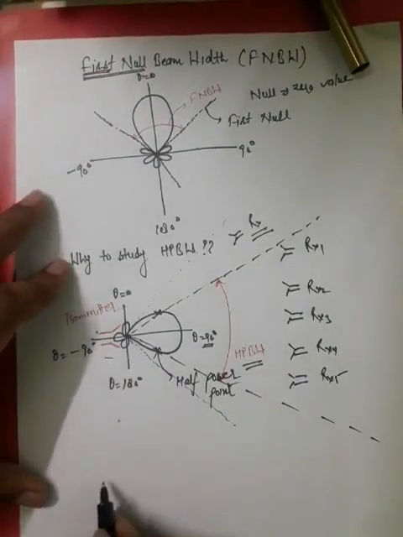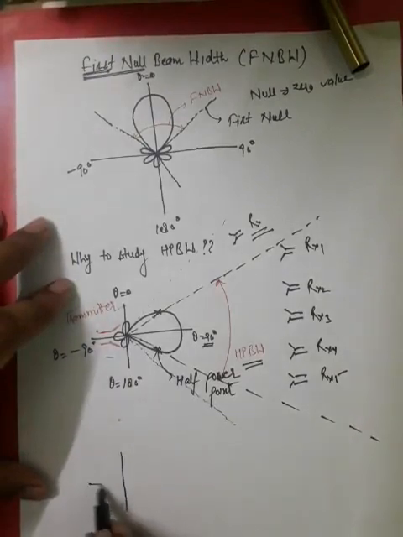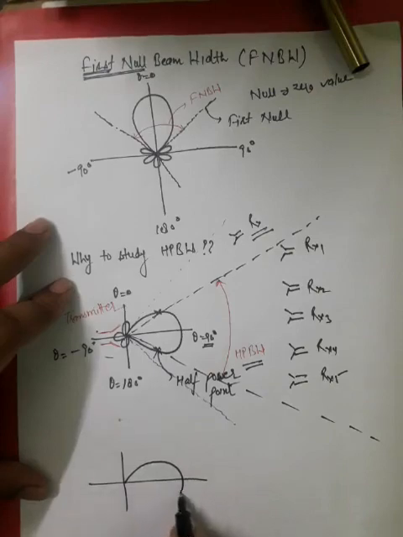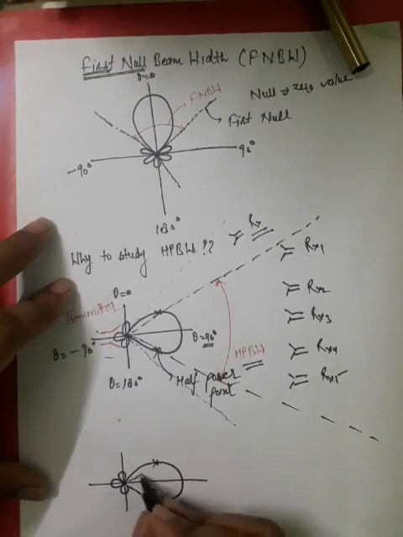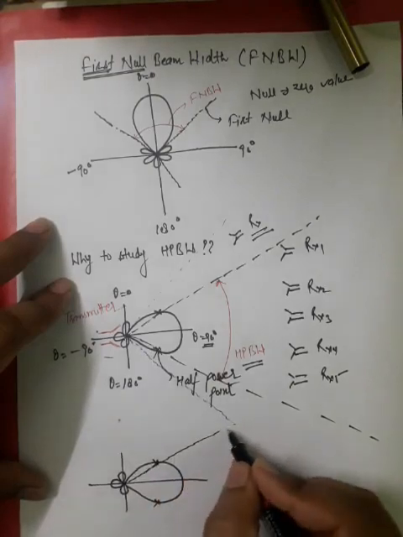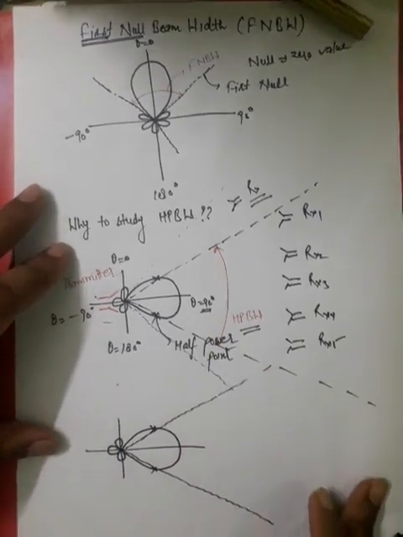Now again I will draw the similar radiation pattern, and take these half power points and draw this radiation pattern in this particular way.